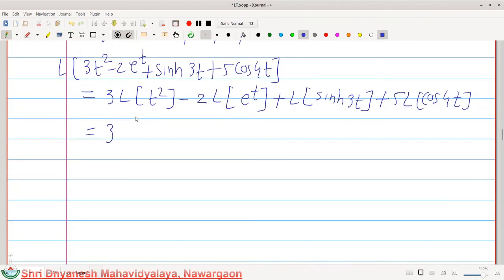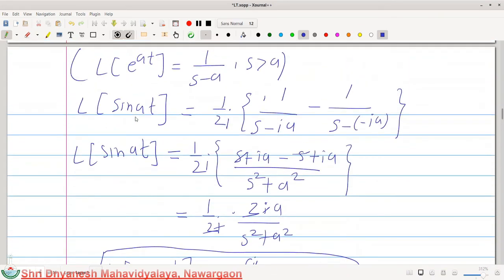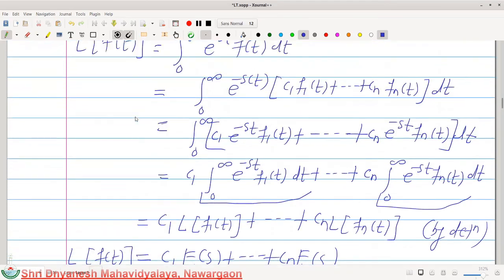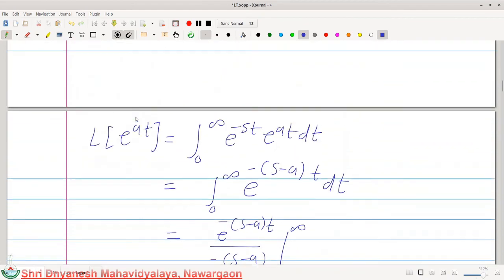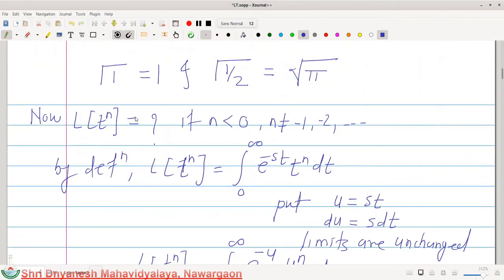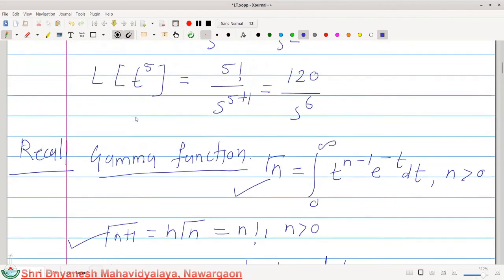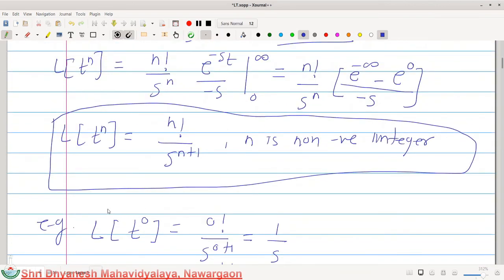We have already seen. Let me show you again. Laplace transform of t to the power n is n factorial upon s to the power n plus 1.